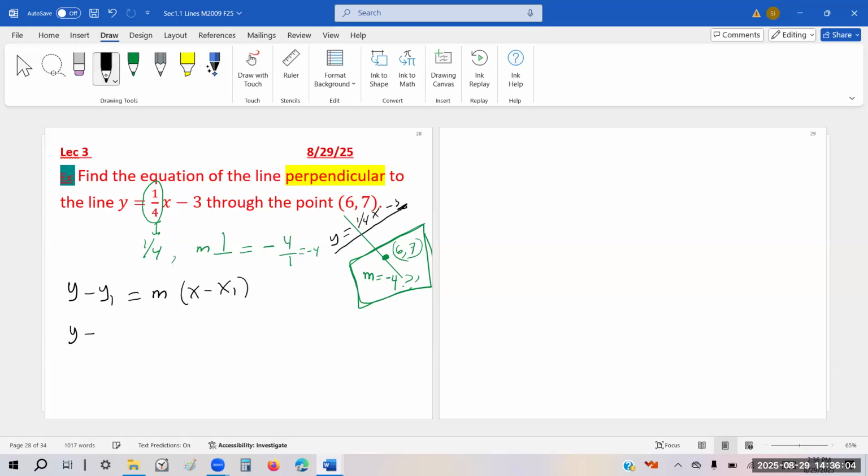So y minus what? 7, perfect. What's the slope? Negative 4, x minus 6. So this is the equation of the perpendicular line.